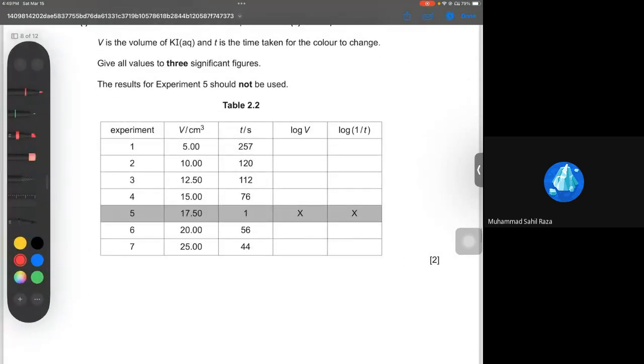Can you tell me log V? This is your V. Just take a log and tell me your answer fast.